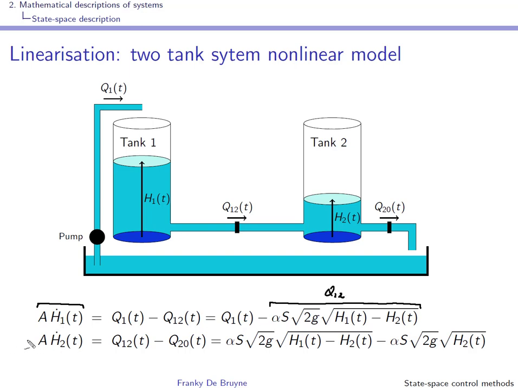This equation was for the first tank. The second equation is for the second tank: the variation of volume, A times the variation of height H2, is Q12, the flow that is entering, minus Q20, the discharge flow. And we have just seen how Q12 and the discharge flow are written.